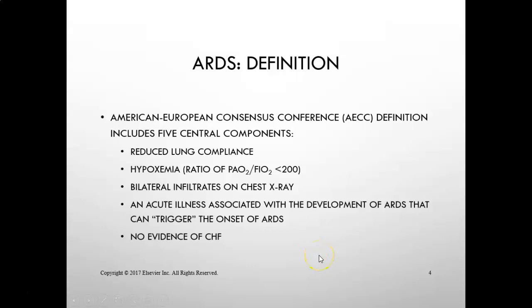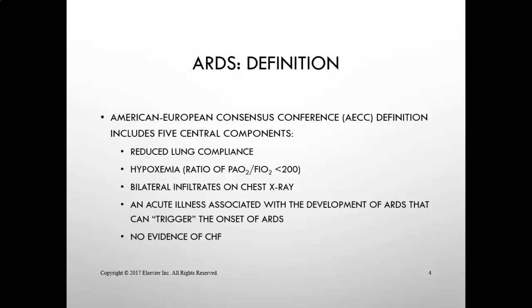So ARDS, let's give it a definition. We do have two definitions, and those are in your book. They are listed on page 594. And we have two, the American European Consensus, which has 5 basic components. It looks at the fact that the patient has a reduced lung compliance, so their lungs are becoming stiff.